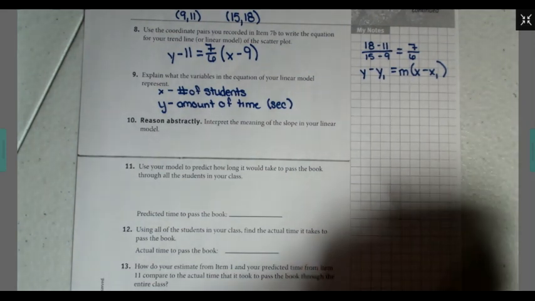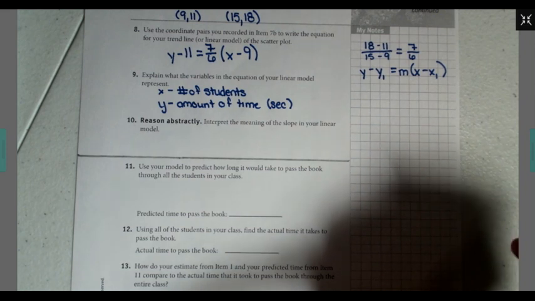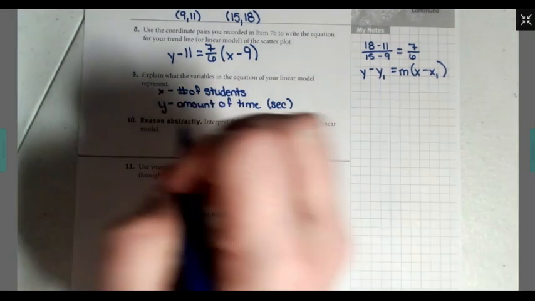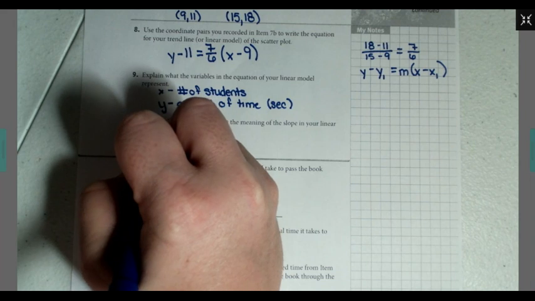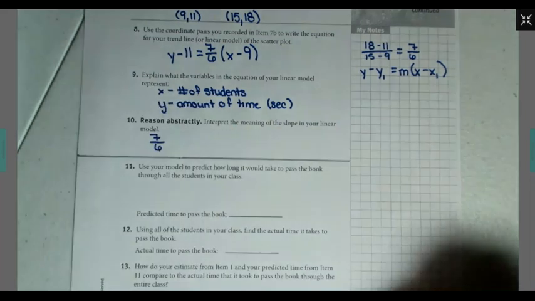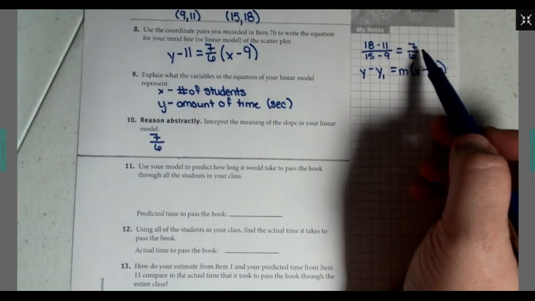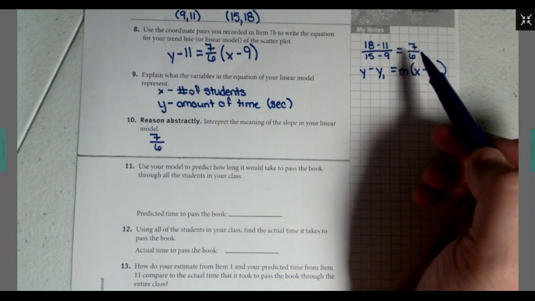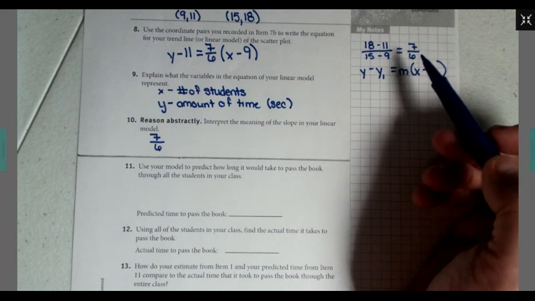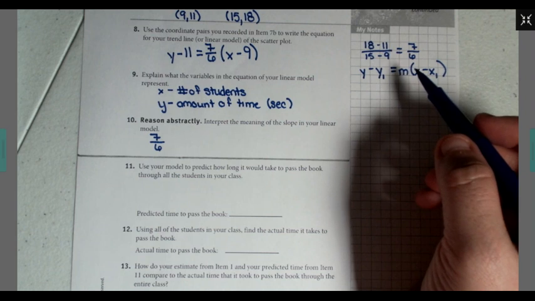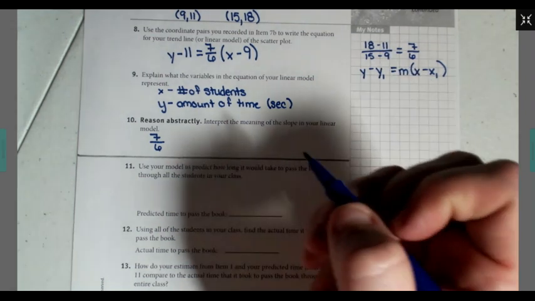Interpret the meaning of the slope in your linear model. What is the slope of my linear model? 7 over 6. Now, remember that my top position was y, so that represented the amount of time, right? And the bottom represented the amount of students, or the number of students.